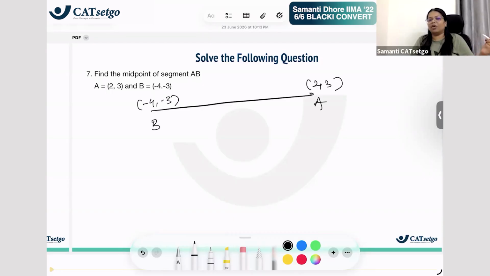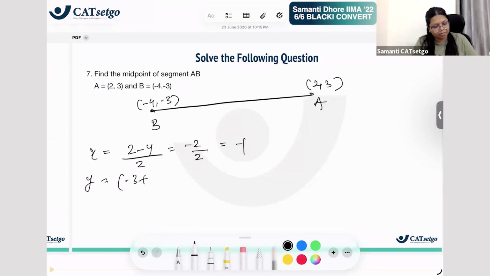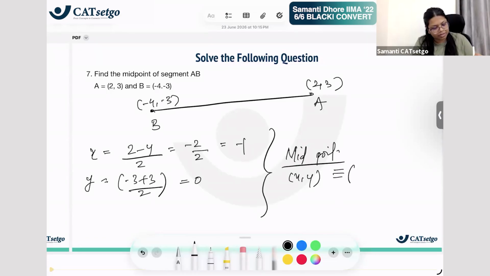But because हम कार्टेशियन प्लेन पे ड्रॉ नहीं कर रहे तो मैं किधर भी डालू एक ही बात हुई। But anyways, what is the midpoint? x will be basically 2 plus -4, that is 2 minus 4 divided by 2, that is -2 divided by 2, that is -1. And what is y? y is -3 plus 3 divided by 2, which is 0. So midpoint है x, y, which is basically -1, 0.